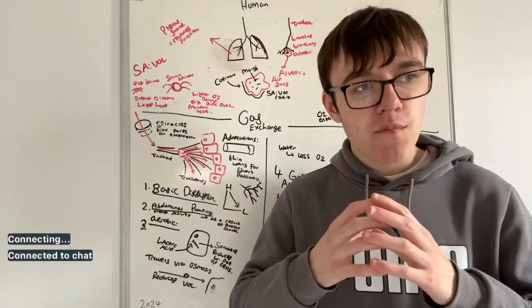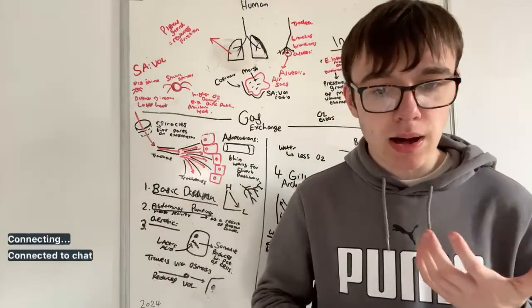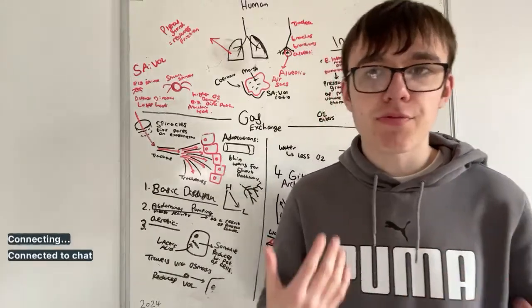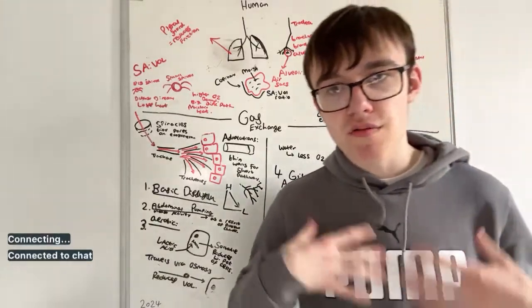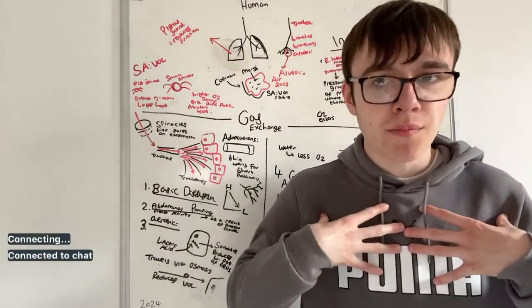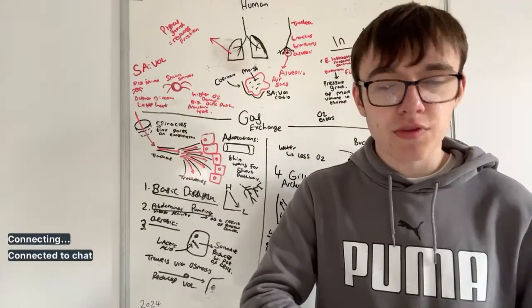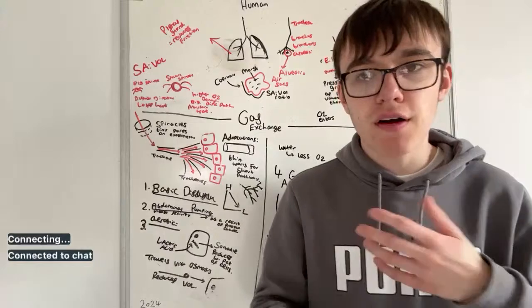In other words, this will increase the volume in your thorax, and as a result, there is a pressure gradient. Because of this increased volume, there's less pressure. So as a result, air will diffuse in down this pressure gradient, and vice versa.